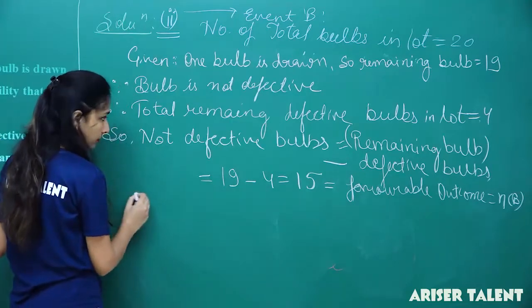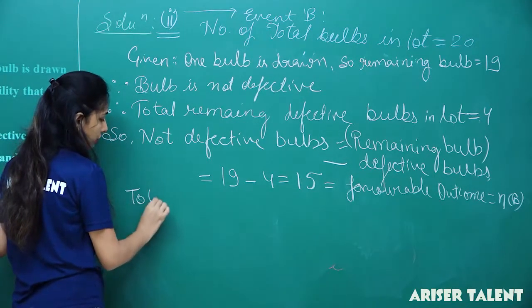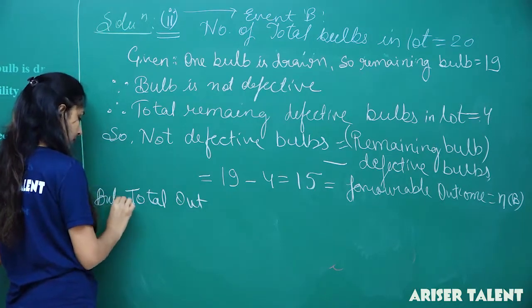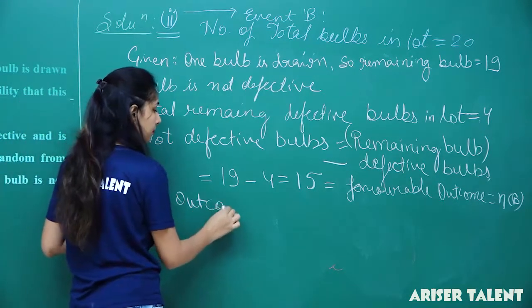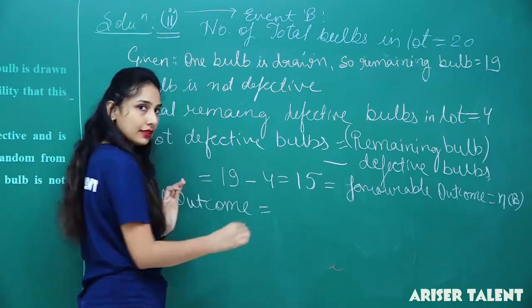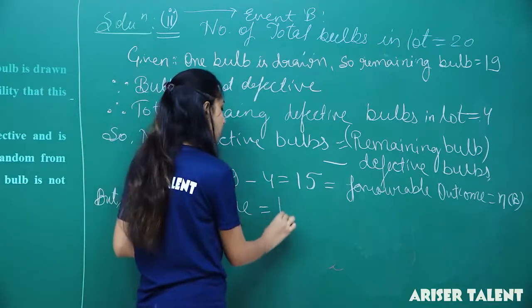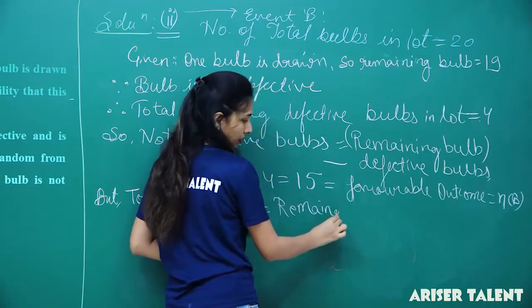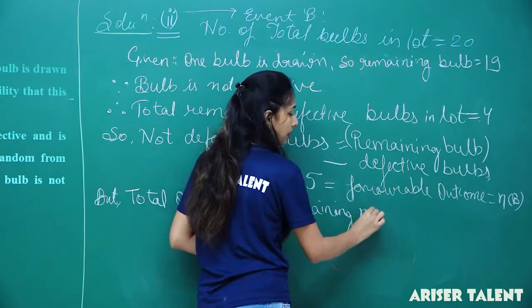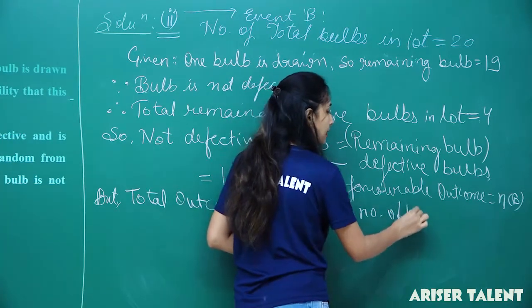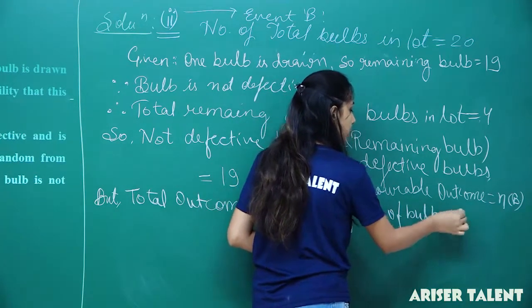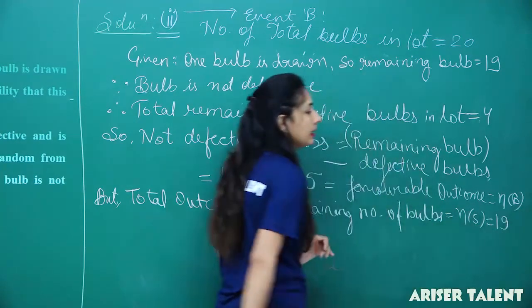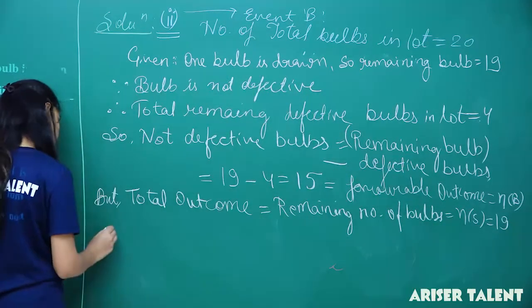Now total outcome here in the case number second will be equal to remaining bulbs, remaining number of bulbs is equal to NS, and that is equal to 19, right?